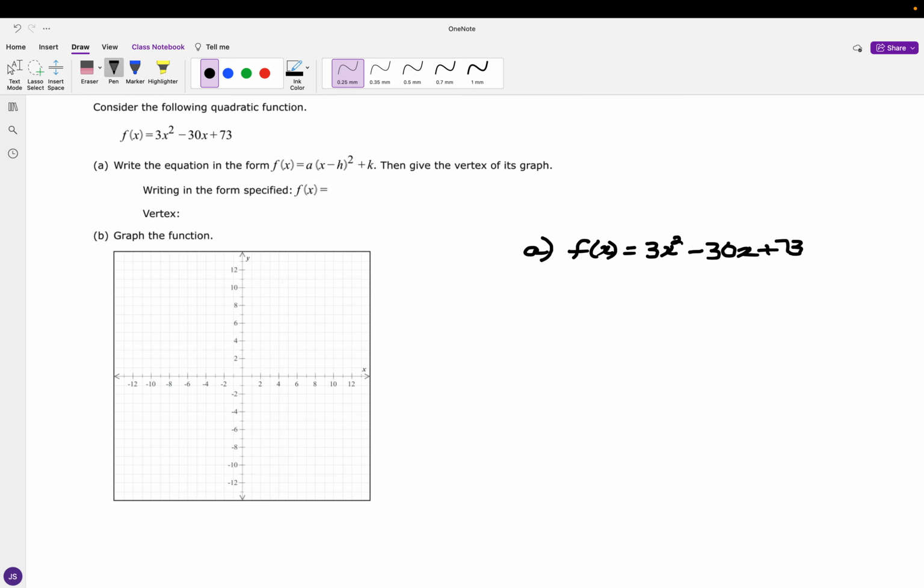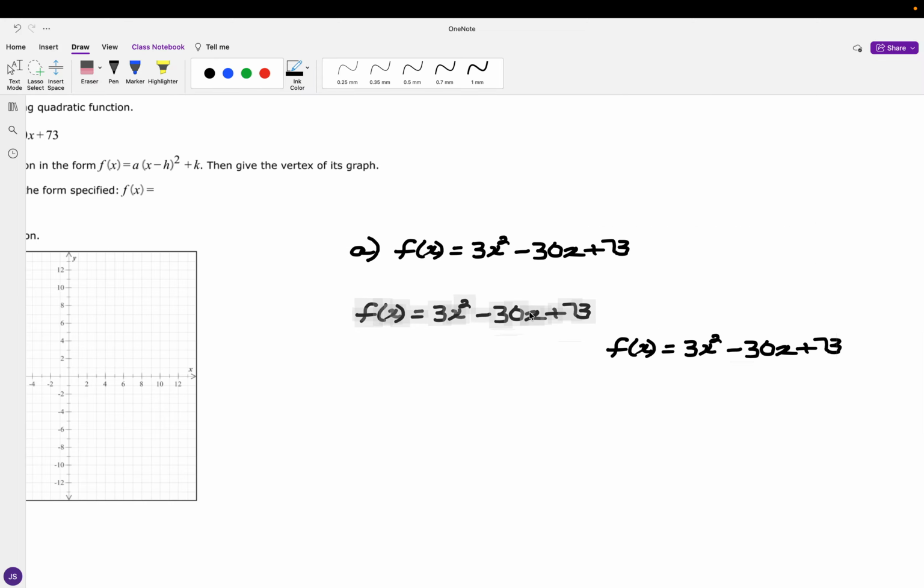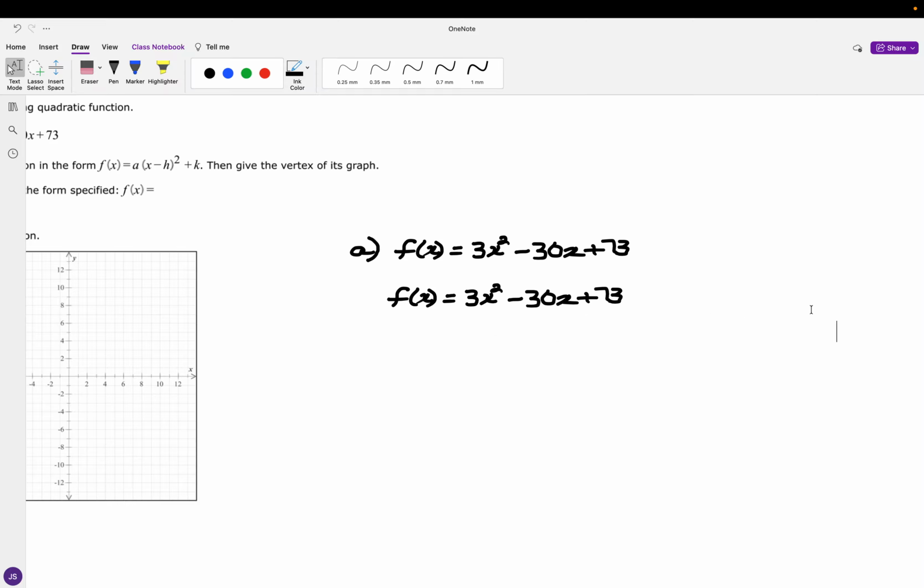To transition from standard form to vertex form, we can proceed by separating the variable terms apart from the constant.